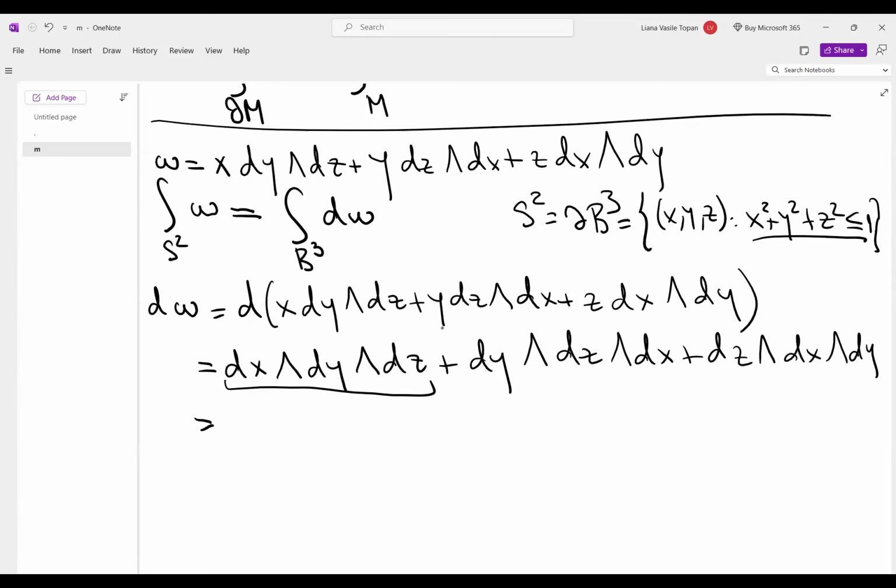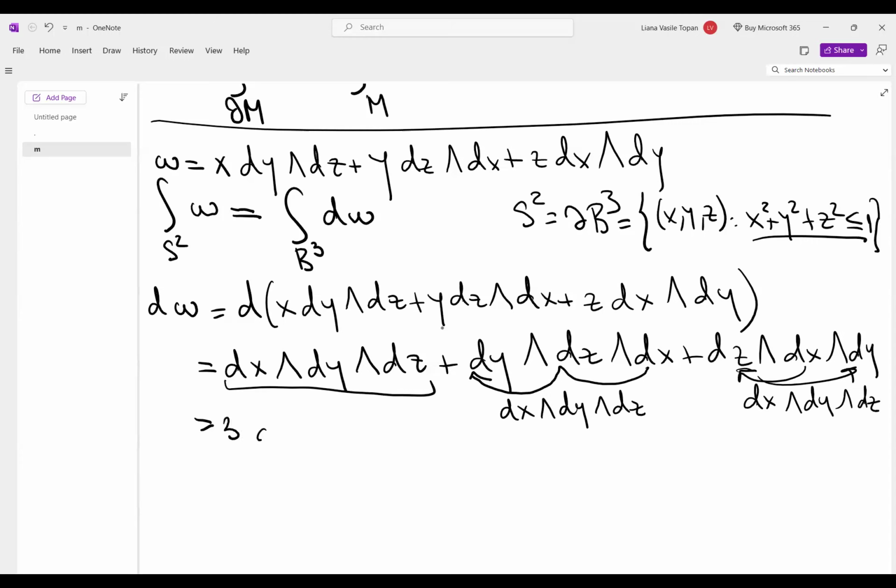So this is well arranged. Now let's look here. I'm moving one, I get a minus. I'm moving one again, I'm getting another minus, plus. So this is the same as dx wedge dy wedge dz. And here I'm switching x and z, I'm getting a minus, and then the z is on the second position, I'm switching with y, I'm getting another minus. So I get dx wedge dy wedge dz.